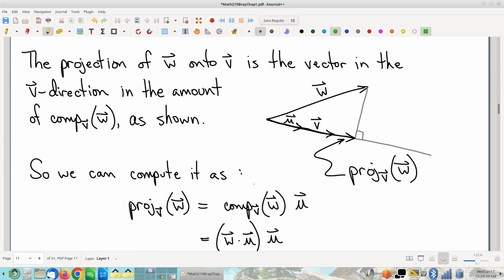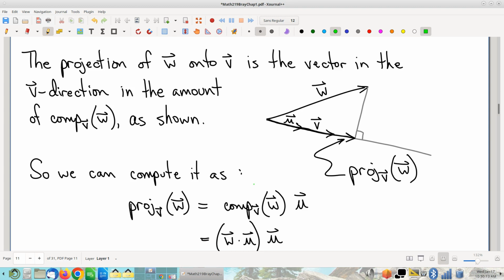Okay, projection. What is a projection? This is another sad case, frankly, of terms being used differently in different contexts, and it is what it is. Sometimes people will talk about what I have previously defined as component as being the projection. So just be on the lookout for the terms being used a little bit differently in different contexts outside of this course.